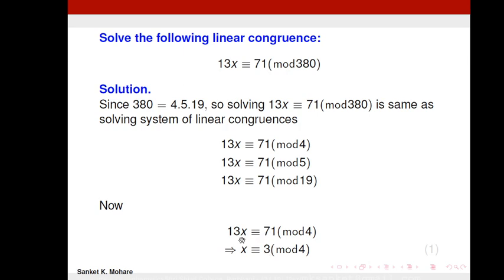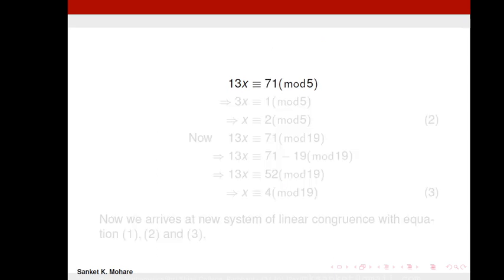So as 13 is congruent to 1 modulo 4 and 71 is congruent to 3 modulo 4, therefore this equation implies 1x is congruent to 3 modulo 4. Why? Because 13 is congruent to 1 modulo 4 and 71 is congruent to 3 modulo 4. Call this equation 1.